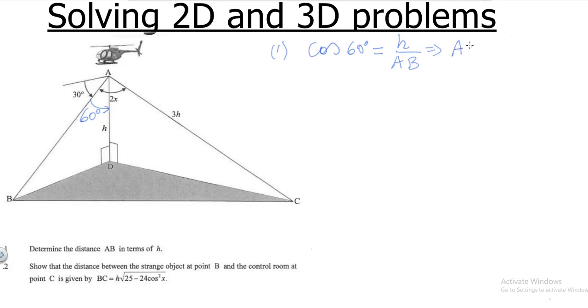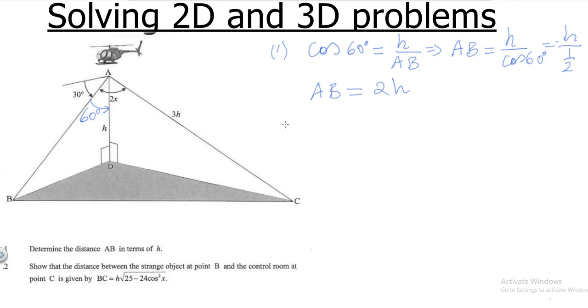So we have h, we'll have AB. If we cross multiply, we'll have h over cos 60 degrees. And the cos of 60 degrees is equal to 1 over 2. So AB is equal to 2h. Can you see that?